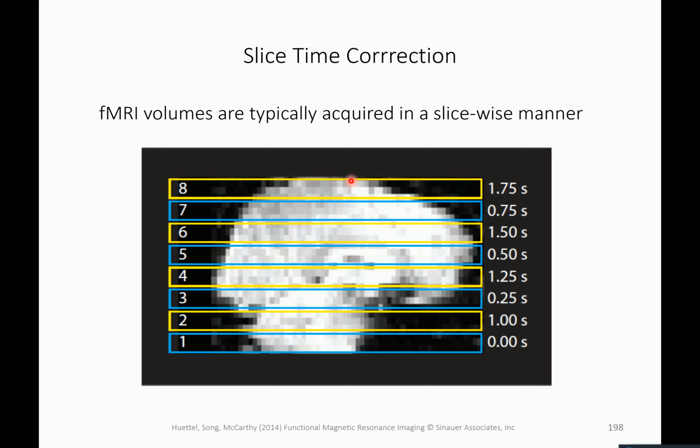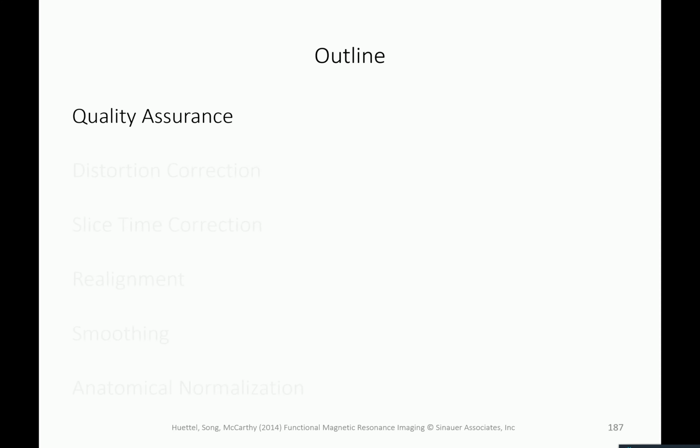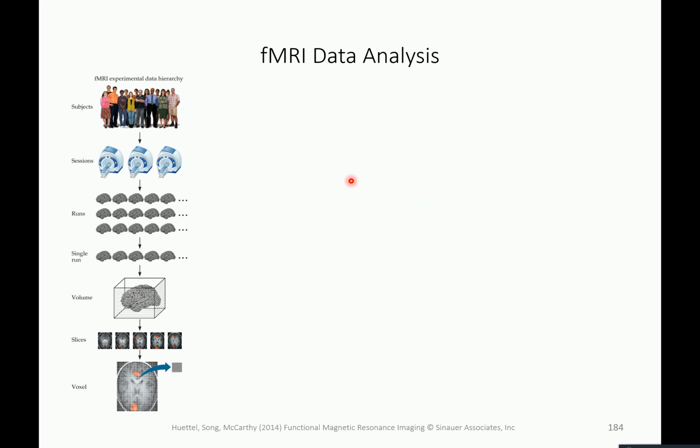But the common thing is that you do slice-wise acquisition. That's also what it means that the volumes partition into slices, because for each volume you have, let's say, 30 or so slices.